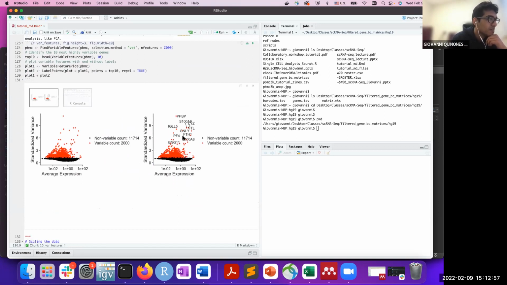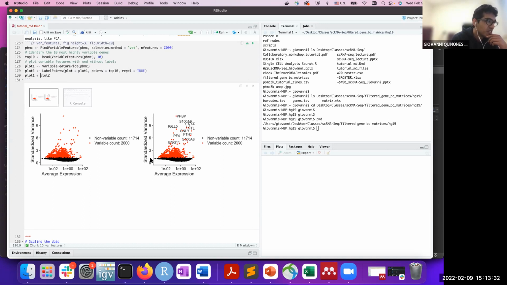Okay, so we're going to be focusing on this plot. Notice that it's the same plot I was mentioning before, except the y-axis, instead of plotting the coefficient of variance, is plotting a standardized variance, meaning this standardized variance is already the expected variance given an average gene expression.